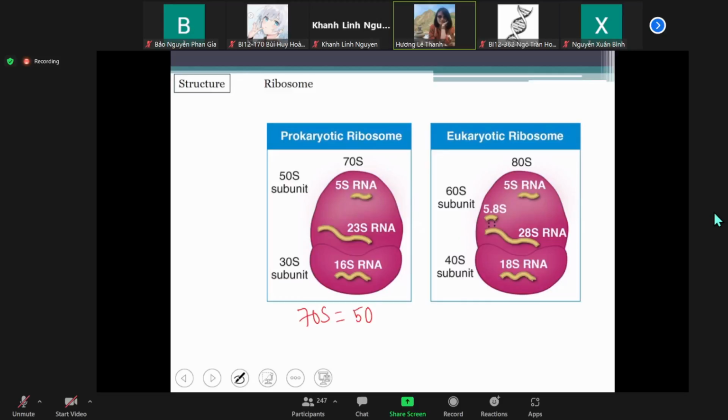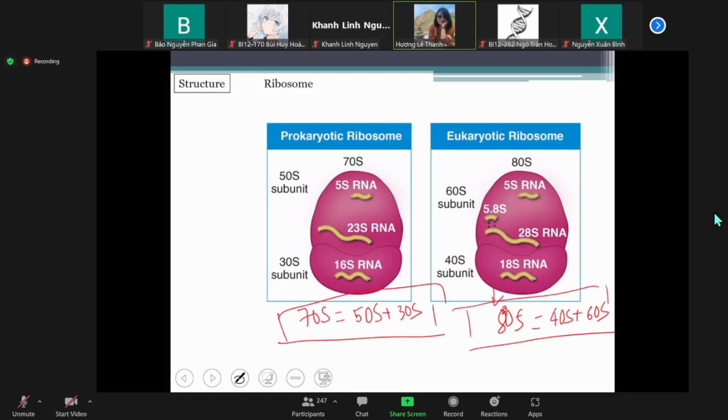But for the eukaryotic cell, we have 80S equal to 60S plus 40S. So just remember only this. If I ask you a question about the structure of the ribosome, it is only this equation.